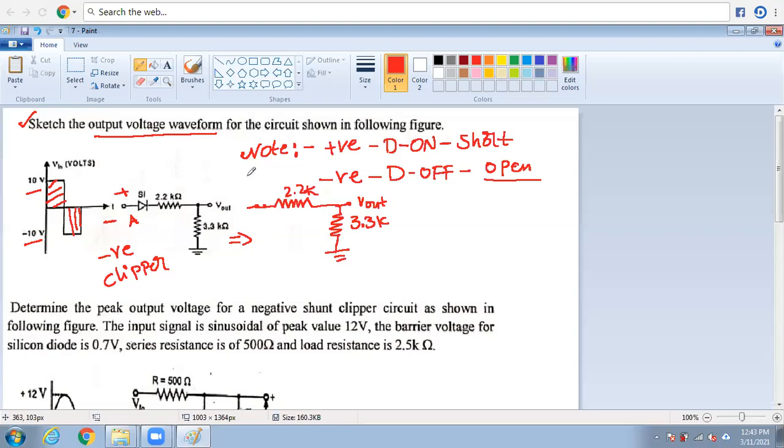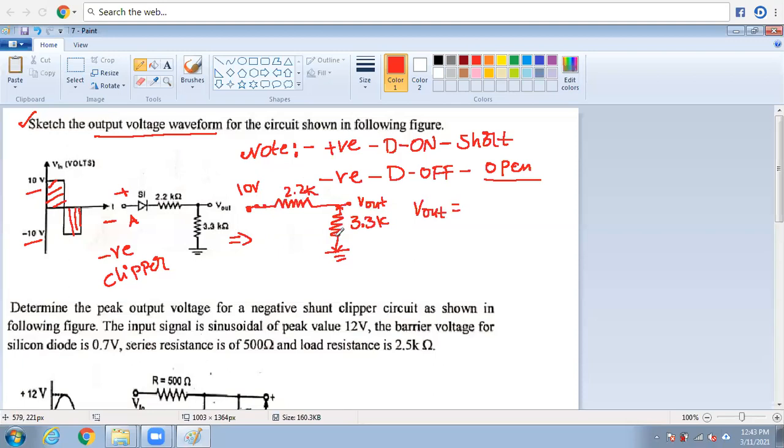Now the examiner has asked what the output voltage waveform is. Here the input voltage is 10 volts while applying the positive peak. Now I would like to find V out across the particular resistance.